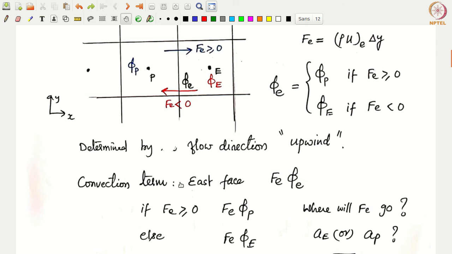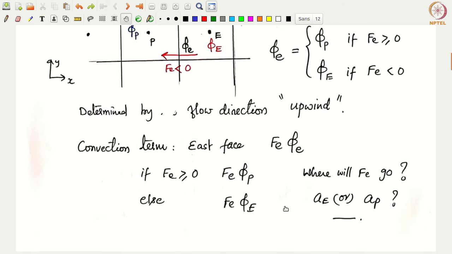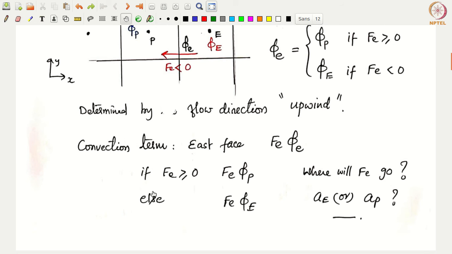If we consider the east phase, we are only focusing on the convection term, and the total convection term would come out to be f little e, phi little e. In the case of CDS, we wrote this as phi capital E plus phi P by 2, whereas now we would write depending on the condition.